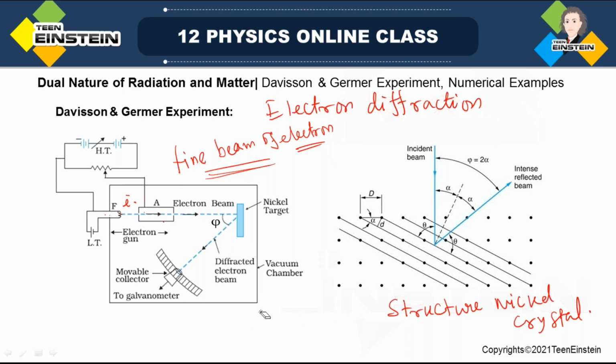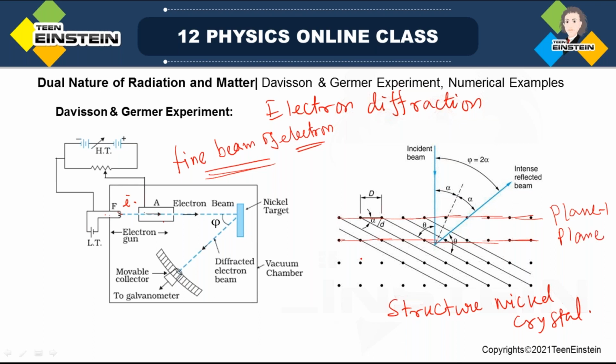Very periodic arrangements are there. These arrangements can be thought of as planes. These atoms all together can form a plane. So this is plane 1. Another set of atoms arranged in a regular manner forms plane 2.